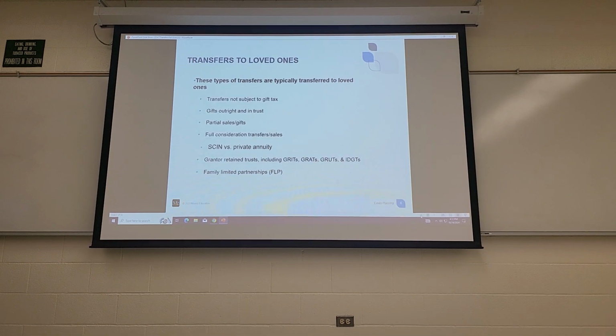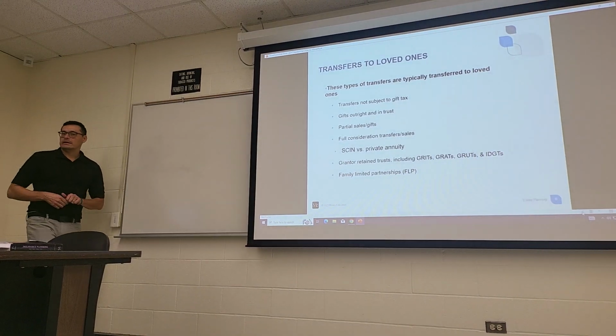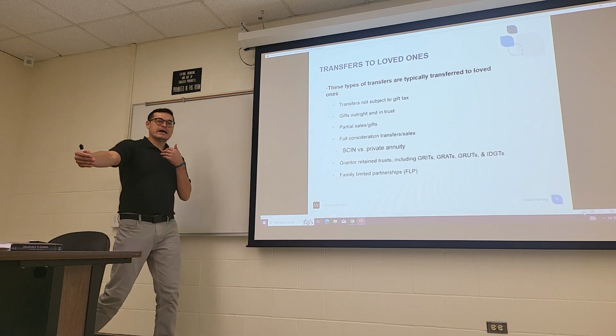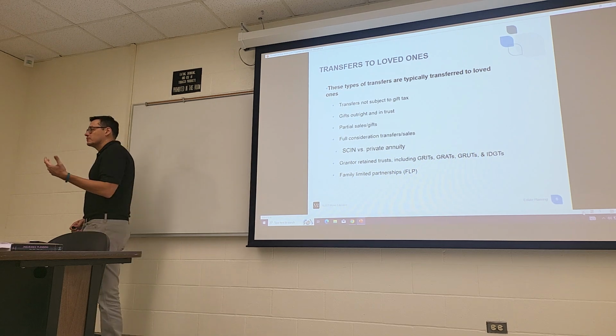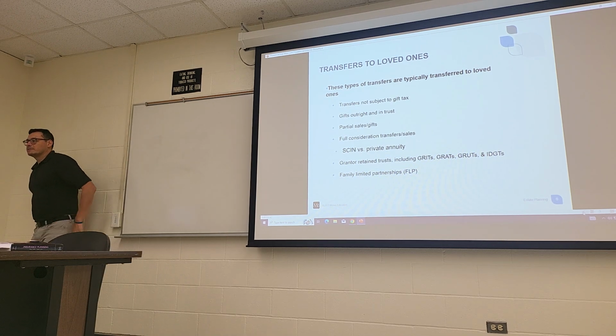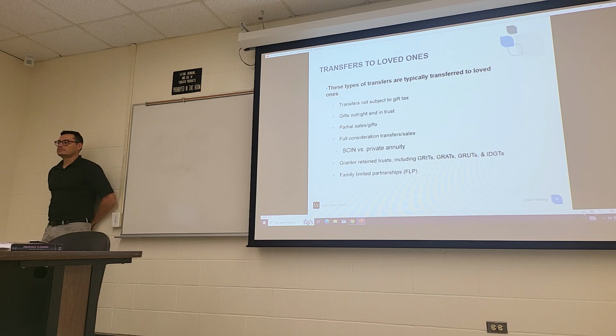Different from arm's length transactions, we also have transfers to loved ones. Some transfers are not subject to gift tax. Some things are just outright gifts. We'll talk about this today. It's kind of going to be our focus. Oftentimes in trusts, we can do a partial sale, partial gift. If I sell something for less than the fair market value, the remaining difference is considered a gift.